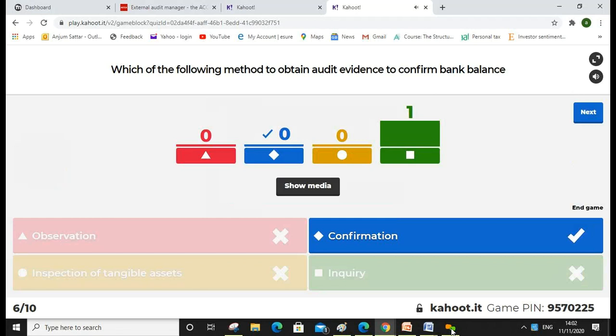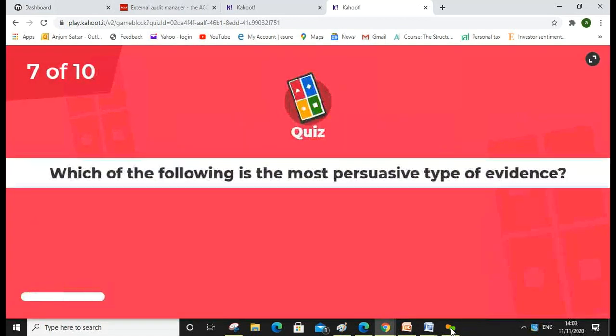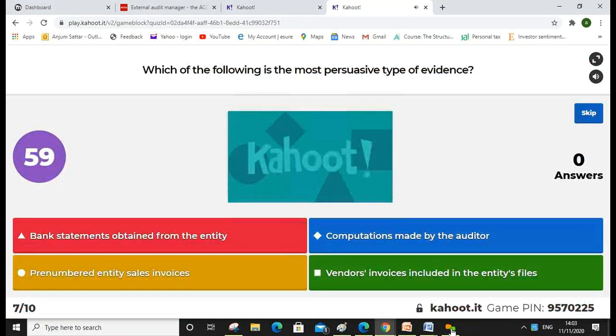It's not inquiry, so we did not pick the correct one. Which of the following is the most persuasive type of evidence that will really persuade you: a bank statement obtained from the entity, pre-numbered entity sales, a computation made by auditors, or the vendor invoice?